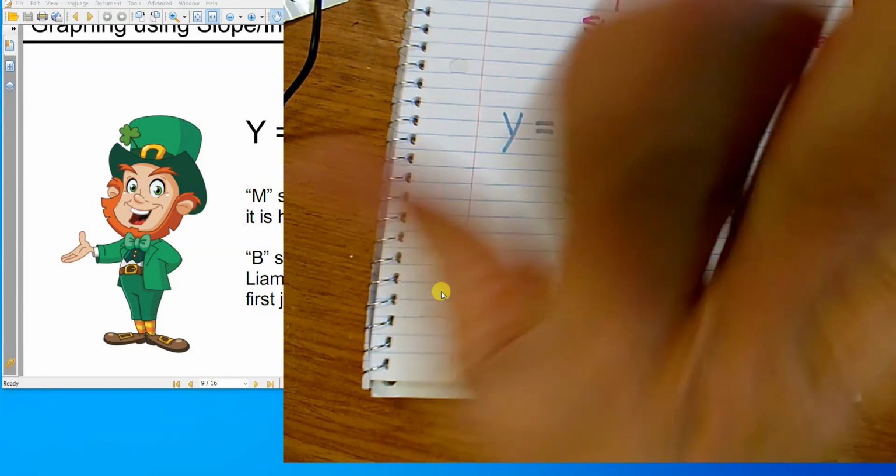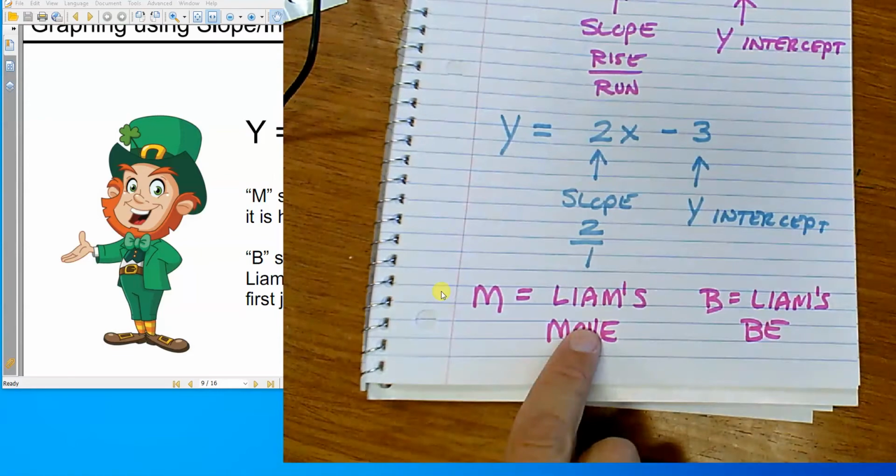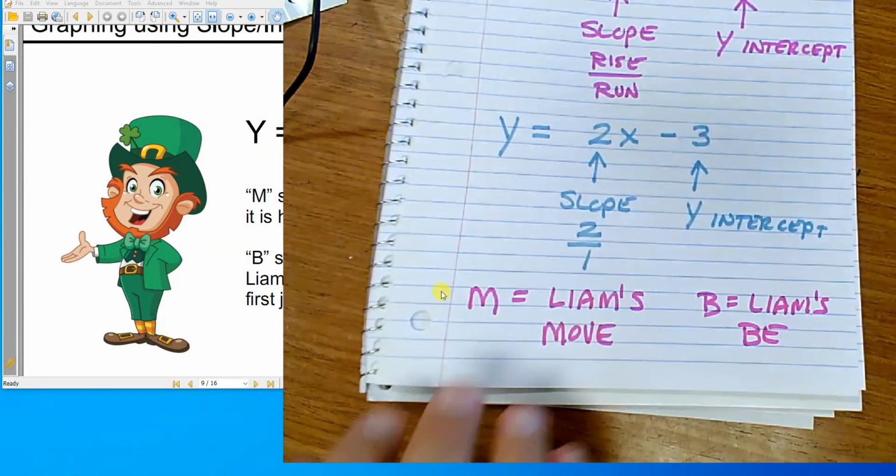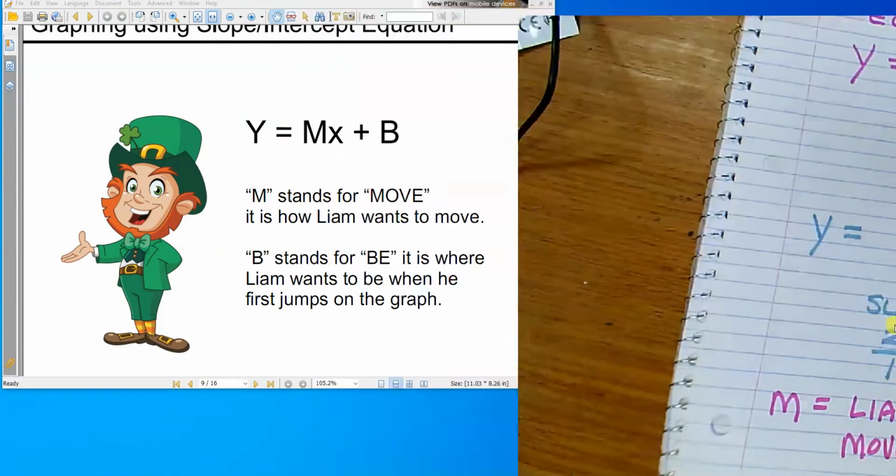So Liam jumps onto the graph, and then he starts running around, like that. Okay. So let's see how this works.